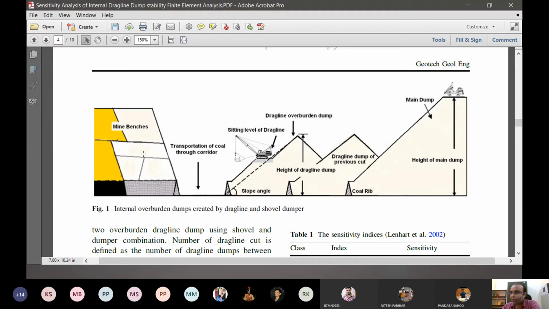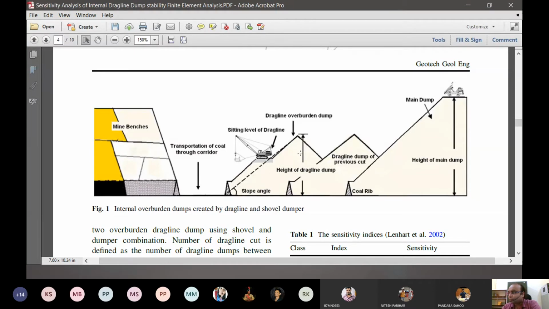And when they mine it out, they have to put the overburden and dump it on the backside and keep on moving, leaving some small coal ribs here. You can see these coal ribs are basically unmined coal, and they keep on leaving that in order to provide additional stability to these dumps, which was also disastrous, as I will be telling you later.